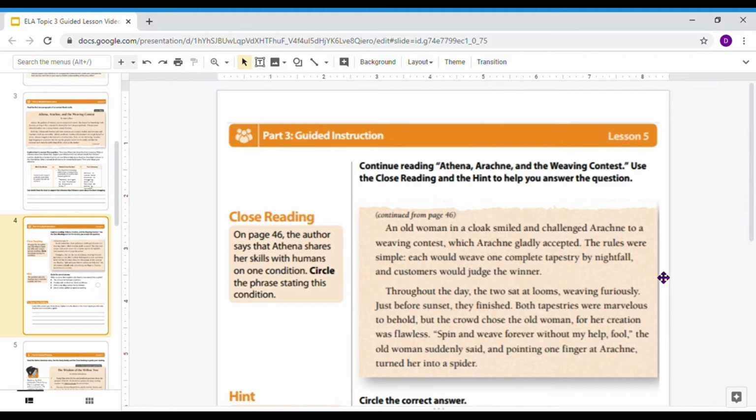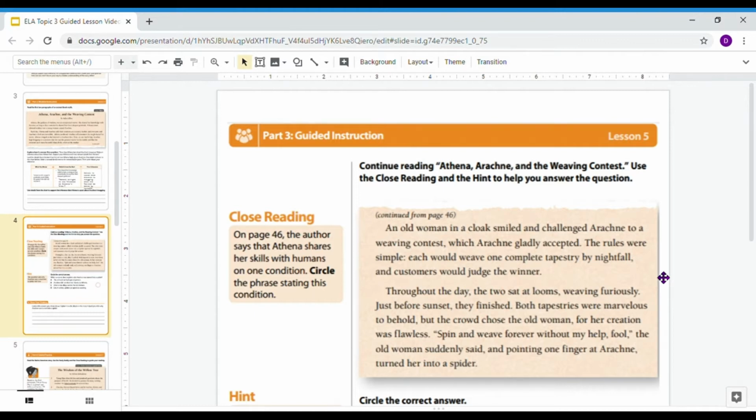Just before sunset, they finished. Both tapestries were marvelous to behold, but the crowd chose the old woman, for her creation was flawless. "Spin and weave forever without my help, fool," the old woman suddenly said, and pointing one finger at Arachne, turned her into a spider.